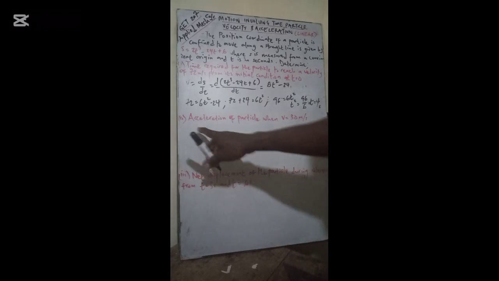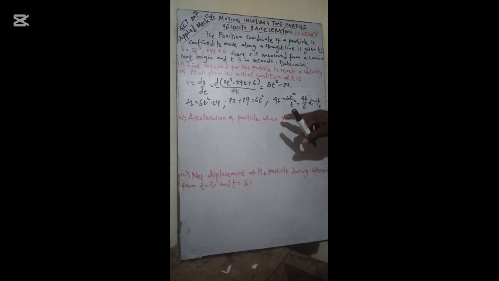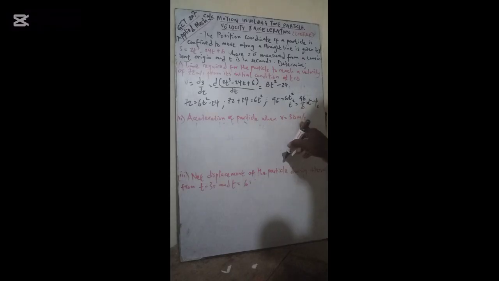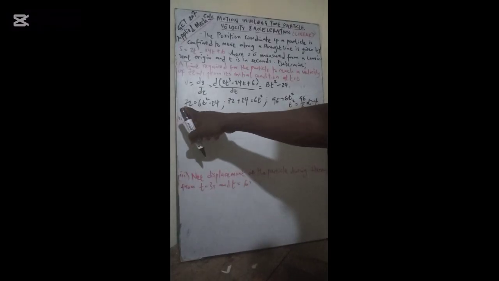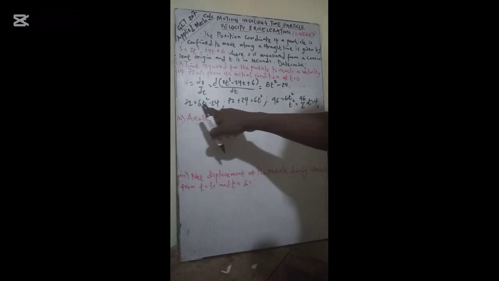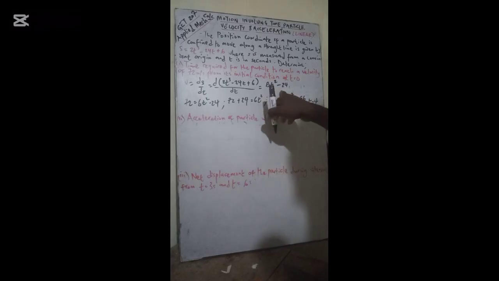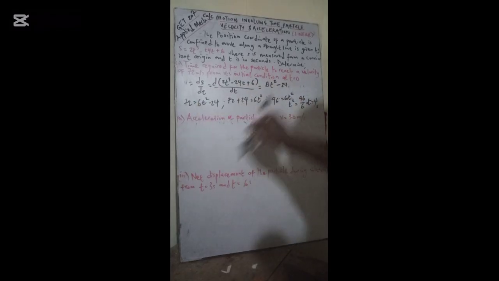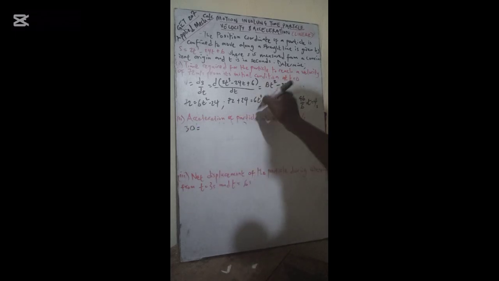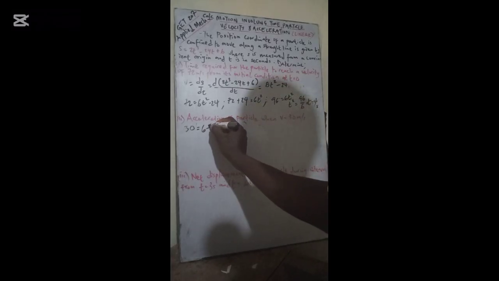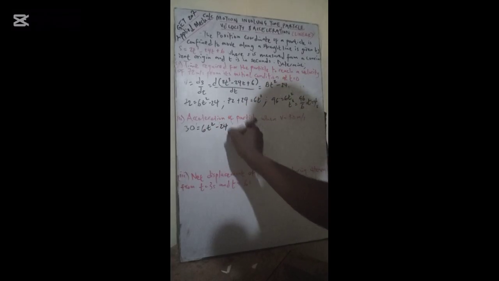That's for that. Then acceleration of the particle when velocity is 30. Since v is equal to 30 meters per second, we just do the same thing we did here, the way we inserted 72 into this, equated to this, v is equals to this. So 30 will now be equal to 6t squared minus 24, because v is equal to this and they are giving us v here.